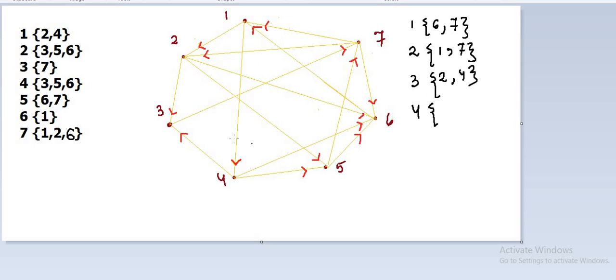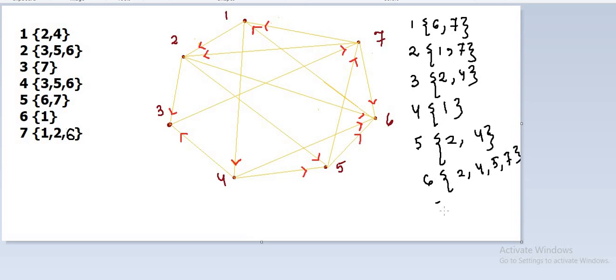Then 4 is having only 1. 5 is having 2 and 4, that's it. 6 is having 2, 4, 5 and 7. And 7 is having 3 and 5.